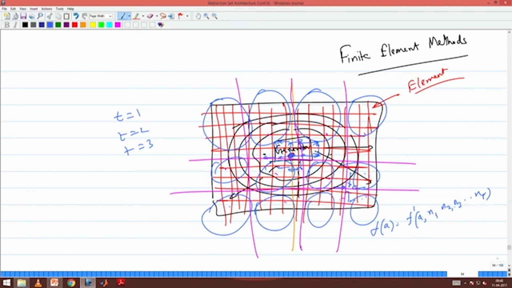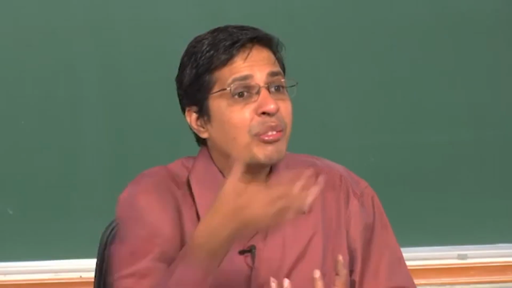But please note that at the end of one time step, everybody has to wait for everybody else, because this end border point, when I want to compute for t equal to 2, needs the t equal to 1 value of the edge. So let us say we 8 are computing this. When I finish my part, I have to wait for you to finish the other part so that I can get the latest value.